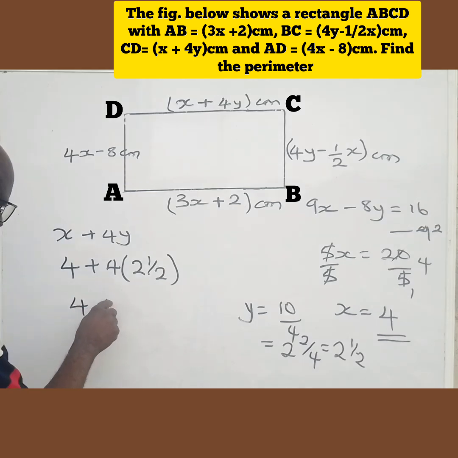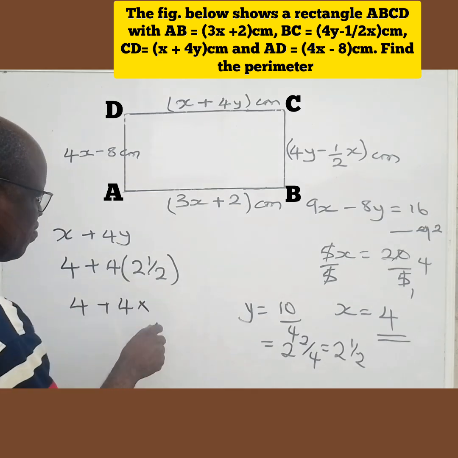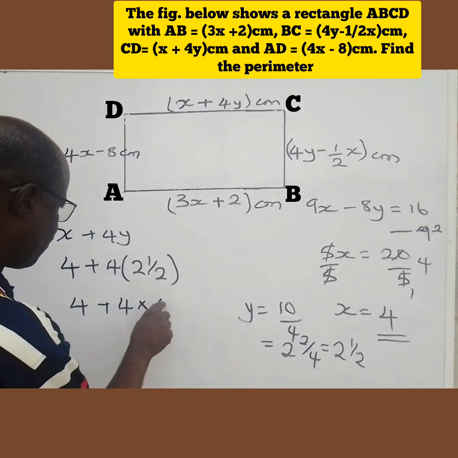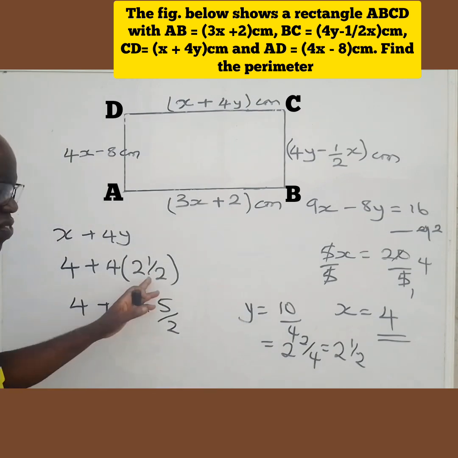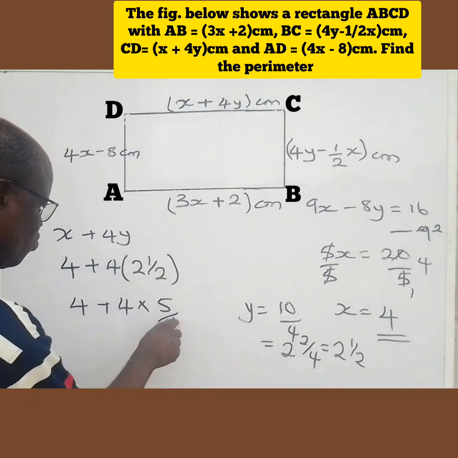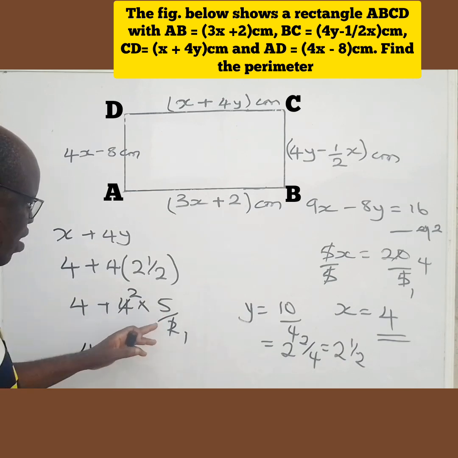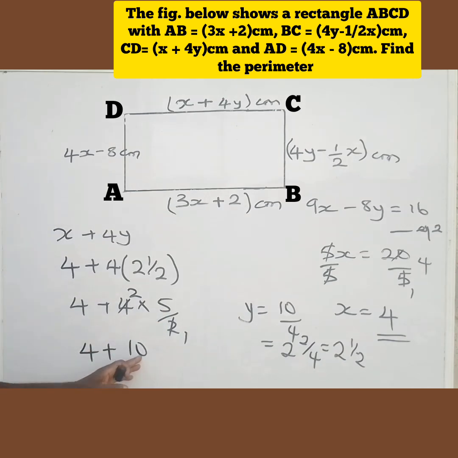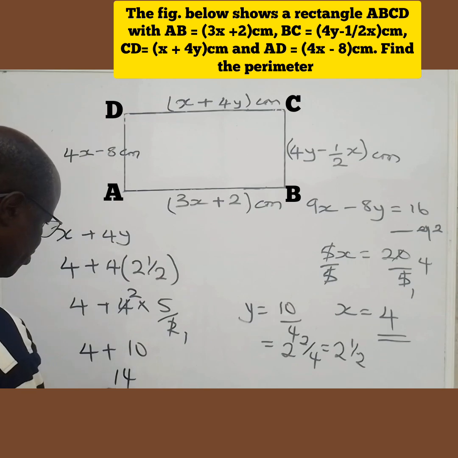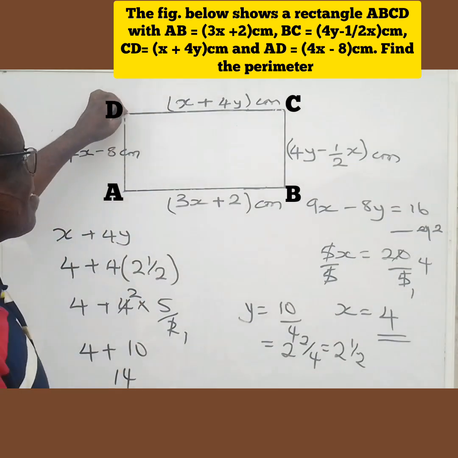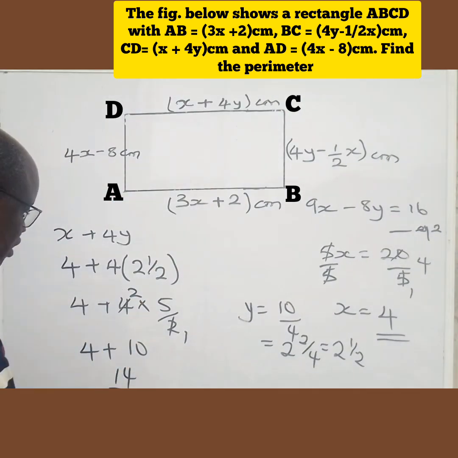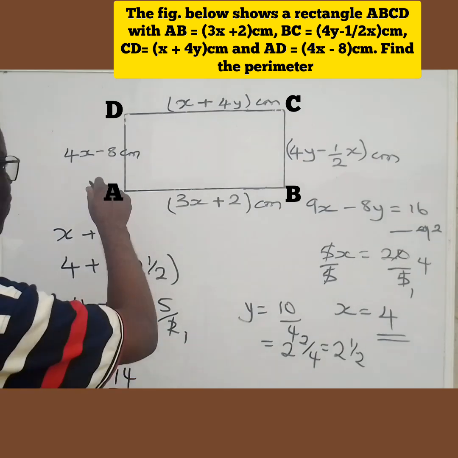This is 4 plus 4 times 2 and a half, which is 4 plus 2 times 5, that's 10. 4 plus 10 is 14. So the meaning of this is that this side is 14 centimeter. That's the length.